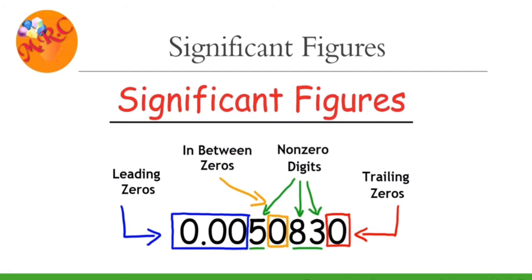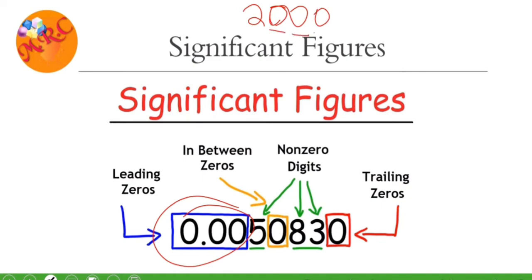Let's look at the first example here. When it's a leading 0, it's not significant. When it comes in front of the significant numbers, then it's not significant. And there is another situation. For instance, you have 2000, right?